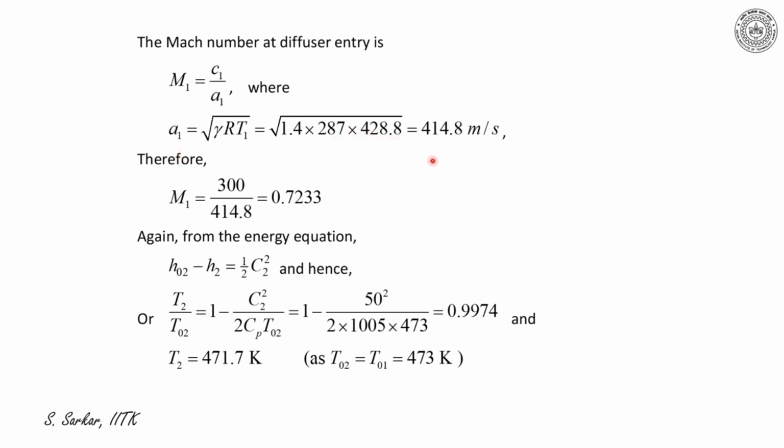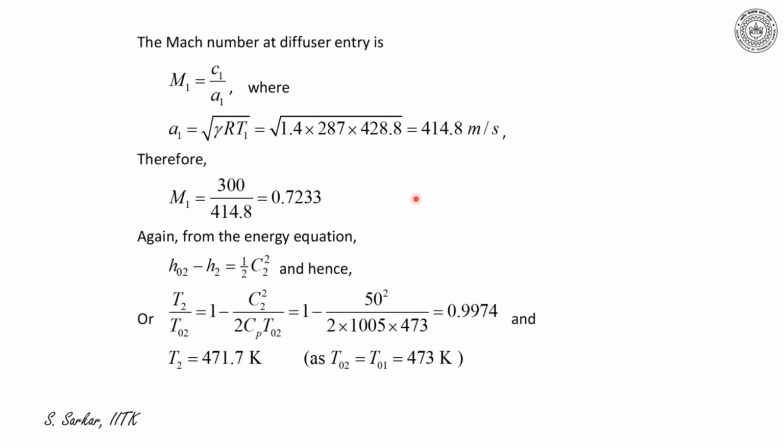So I have got A1, that's local sonic speed, as 414.8 meter per second. Thus M1 is equal to C1 by A1, which I have got as 0.7233. Thus I have evaluated T1 and M1, that is static temperature at inlet and inlet Mach number.